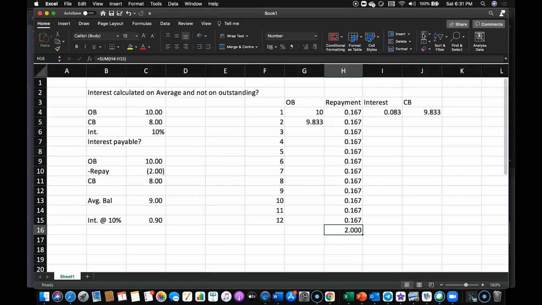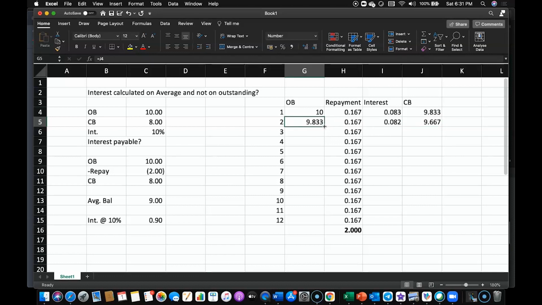Now from this 9.833, interest has to be calculated, and I'll just copy this formula. That is 9.833 into 10% divided by 12. It is 0.082, and closing balance will be 9.833 minus 0.167. So you get 9.667.